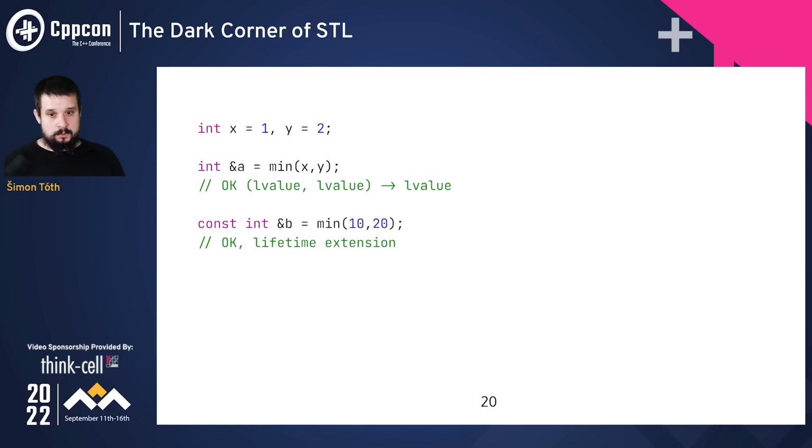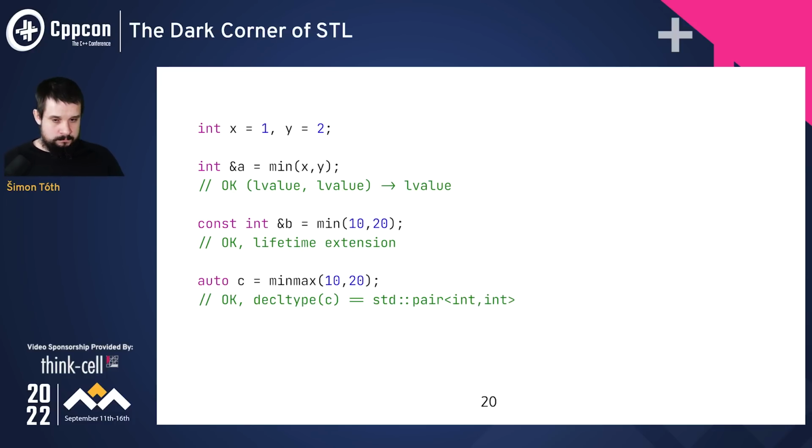If we pass in two temporaries, well, we get return by copy, return by value, and then we can capture it by const reference, it gets life extended, everything is fine. And the same logic can be applied to MinMax as well, in which case it just returns by value, and we get a copy, everything is fine.